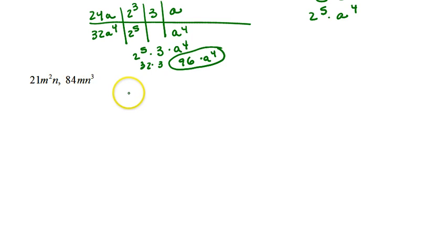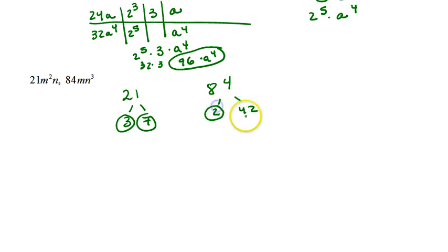For now I'm going to ignore the variables and I'm going to start by just factoring my numbers. This is 3 times 7, 84, 2 and 42, 2 and 21, 3 and 7.